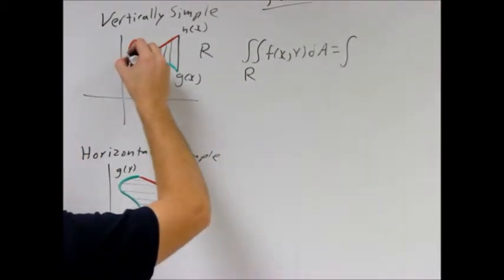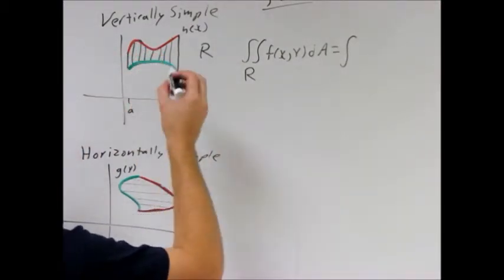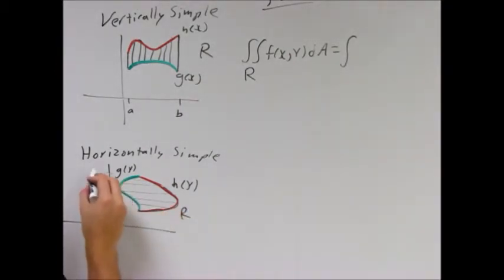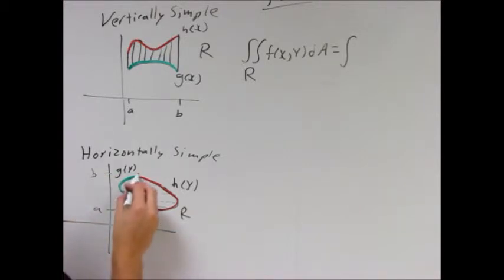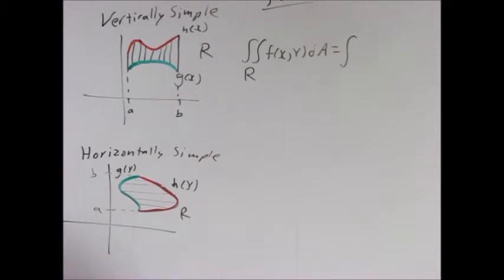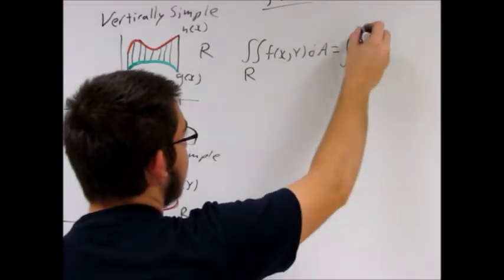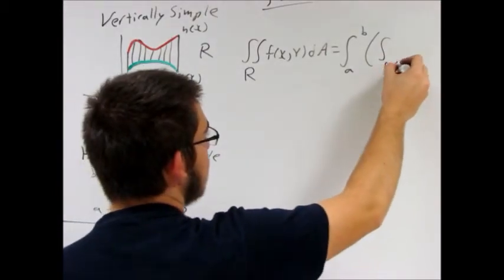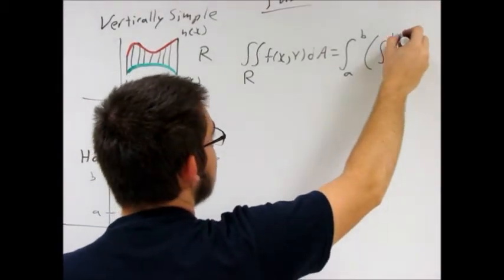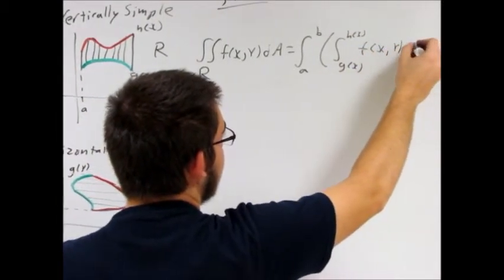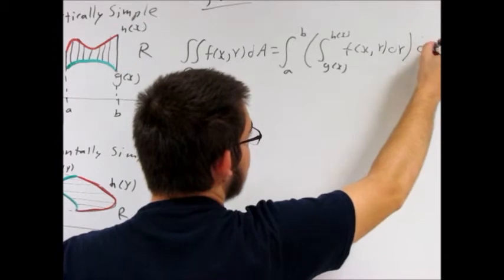Let's say this x value goes from a to b, and this y value goes from a to b. That's these points right here. That's the integral from a to b of the integral from g of x to h of x of f of x, y dy dx.